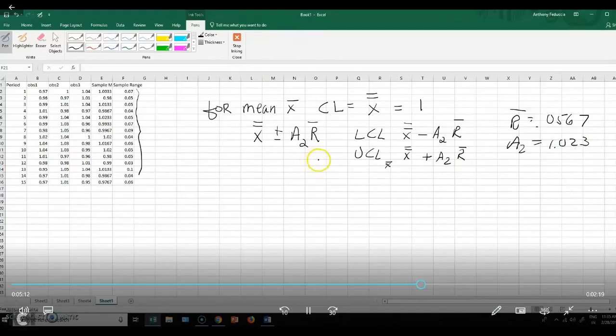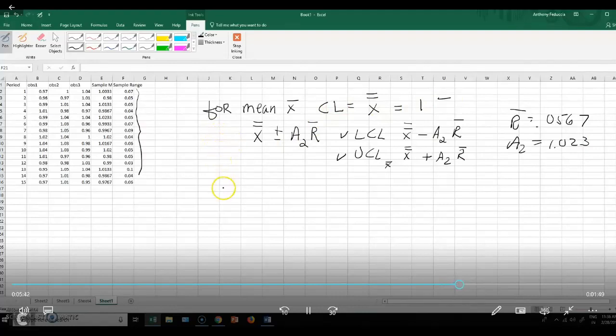So now you have everything you need to find the lower confidence limits for the mean and the upper control limit, either way, for the mean being 1 plus or minus 1.023 times 0.0567. So that's how you're going to find the center line and the upper and lower control limits for the mean.